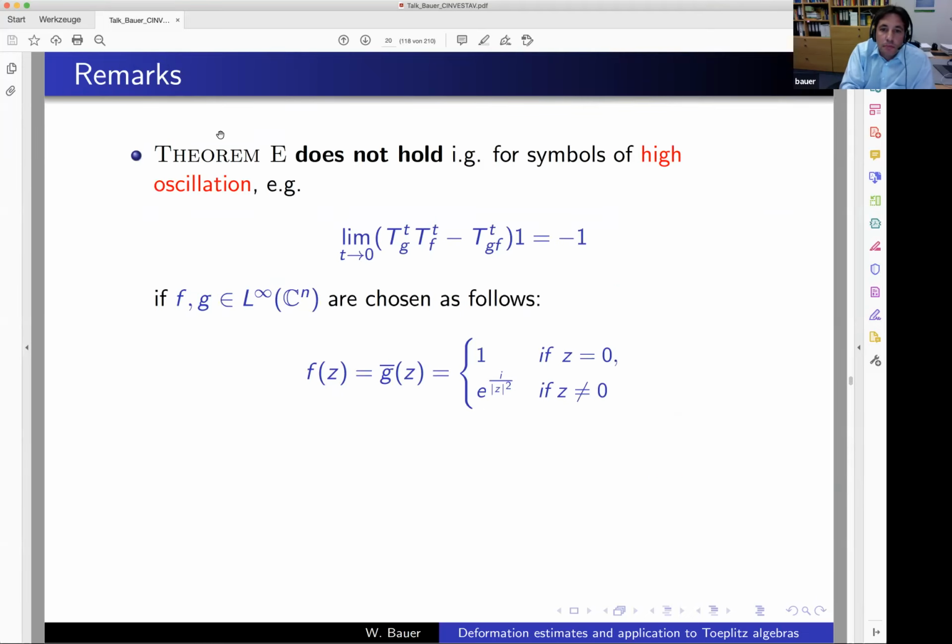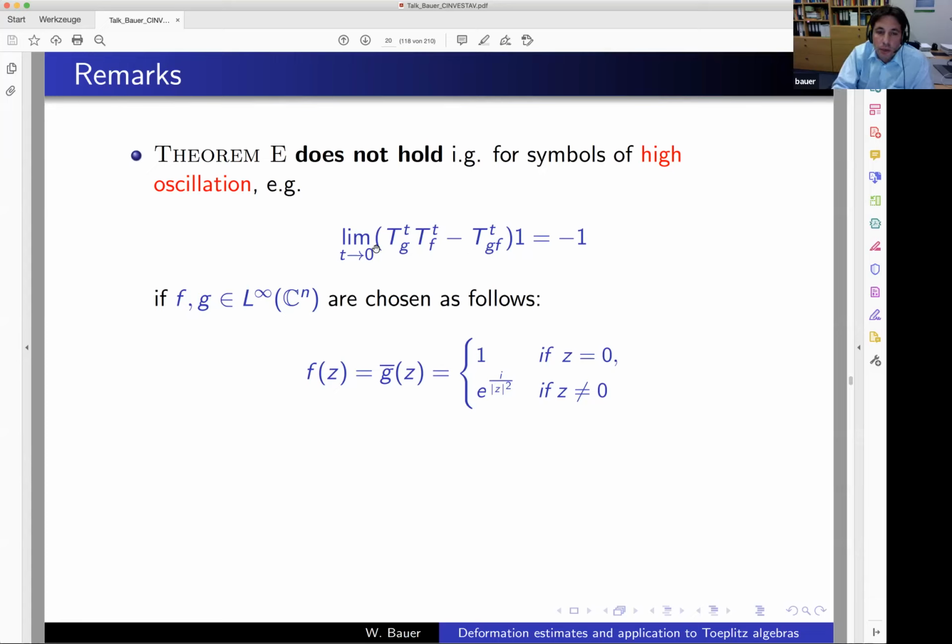So you may ask, does this work actually for all L-infinity functions? And the answer is no, it doesn't. So for example, if you look at the two symbols f and g-bar, which are defined as 1 if z is equal to 0, and e^(i/|z|^2) if z is not 0. So this is a very nice function, except in one point, namely 0, where it oscillates very much. But this one point already destroys the quantization estimate.